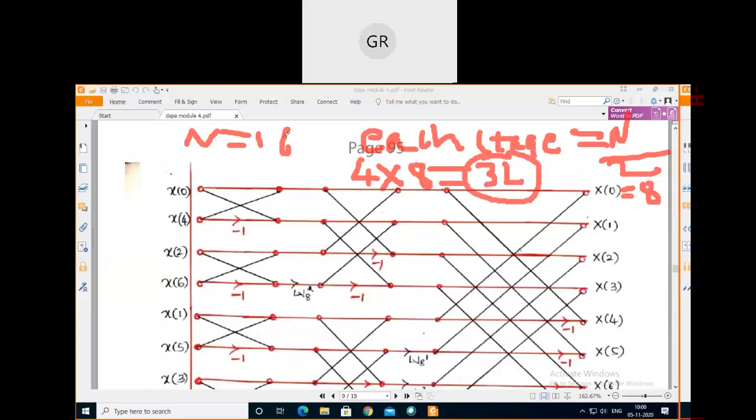Just remember, in each stage N divided by 2 butterflies. For N equal to 16 there are 4 stages, and for each stage 8 butterflies. That's why 4 multiplied by 8, 32 butterflies are required for N equal to 16. Just remember this, it's very important.